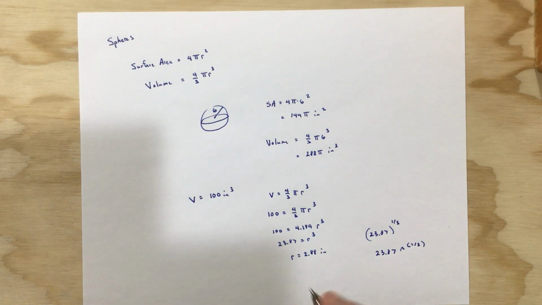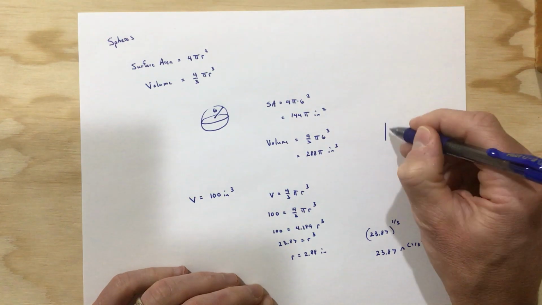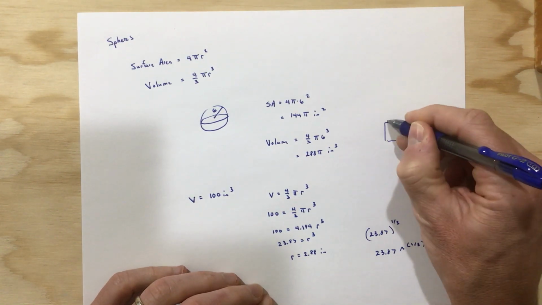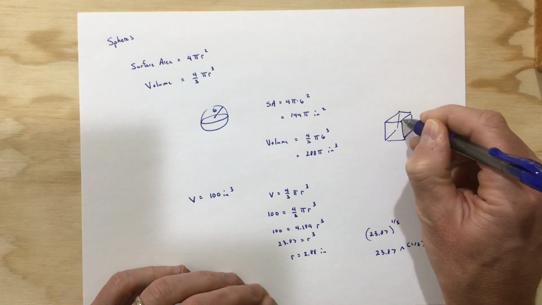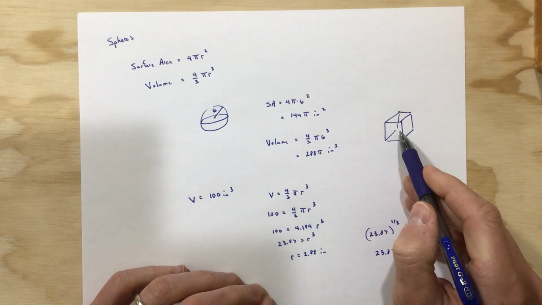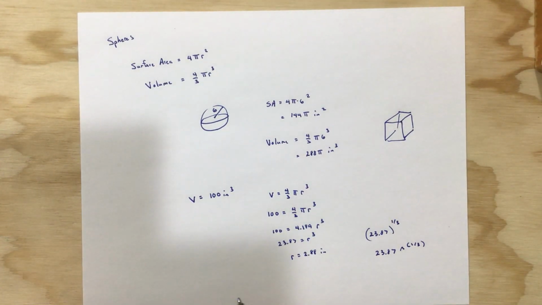Maybe you're going to take a sphere and chuck it inside a cube. Maybe something like this. Put that sphere inside of this and decide how much space is left, or things like that. But I'll let you explore a little bit on your own. But in general, spheres are pretty easy and they abide by those two formulas.